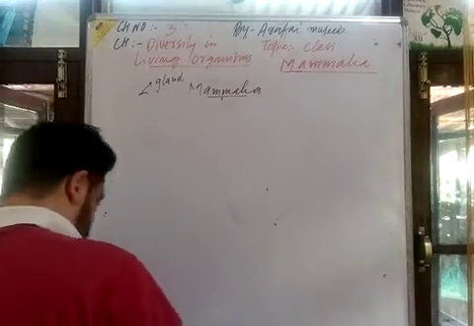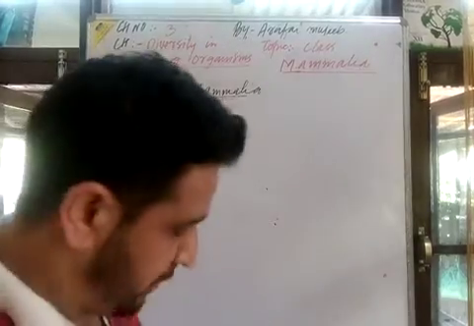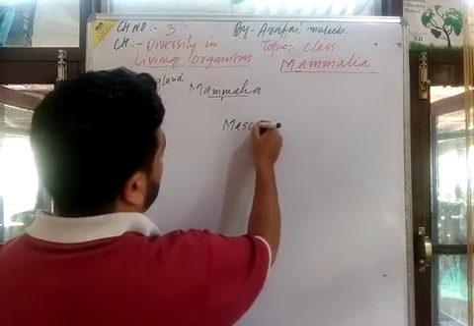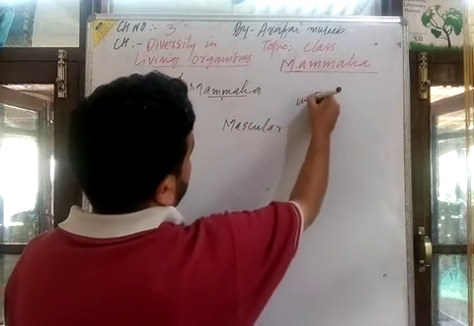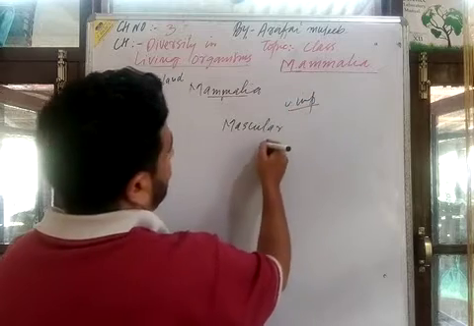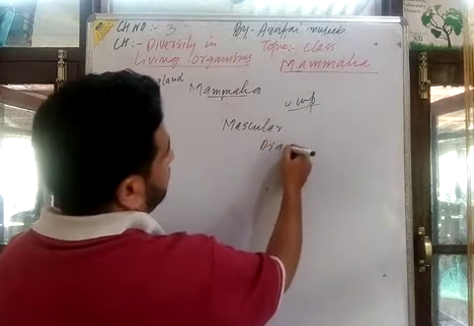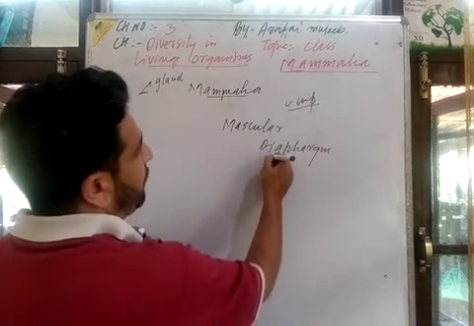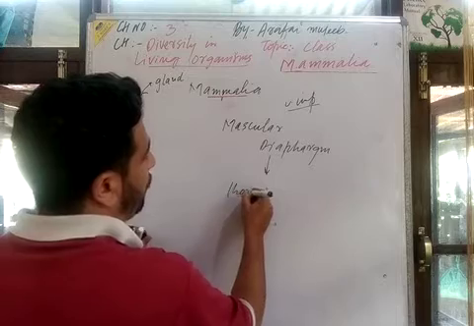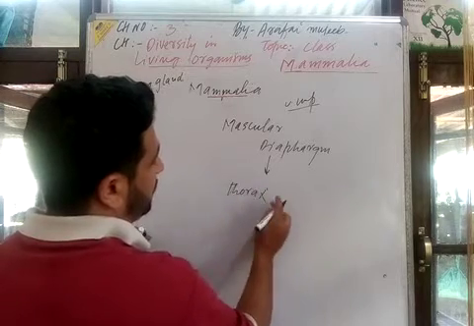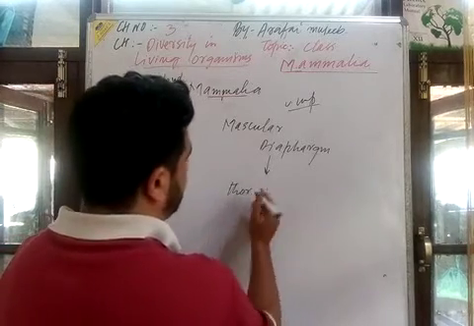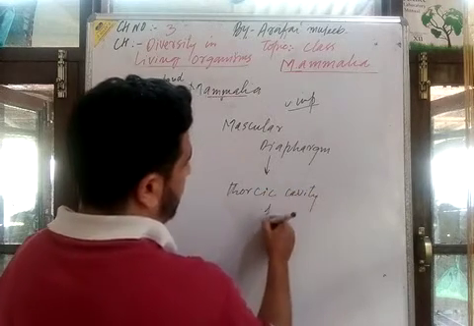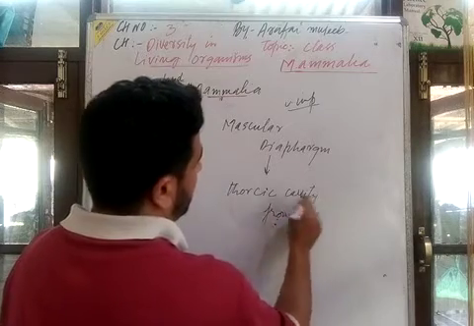Pentadactyl, tetrapods, a pair of 2 limbs, and there is another important point, the presence of the muscular diaphragm. They have a muscular diaphragm which separates the thoracic cavity from the abdomen. There is a demarcation.